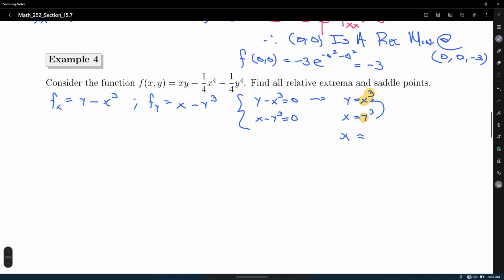However, x equals x cubed. Well, that's going to give us x equal to x to the 9th power. So we need to solve a 9th degree equation.